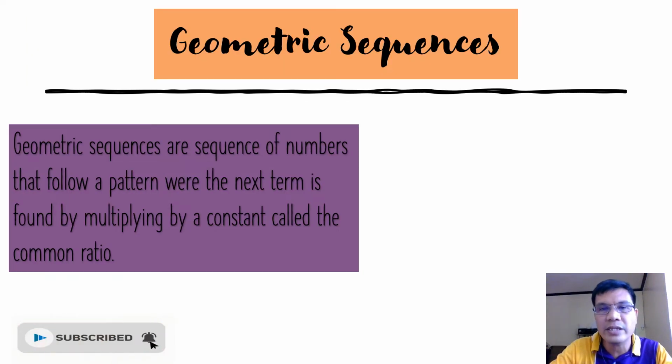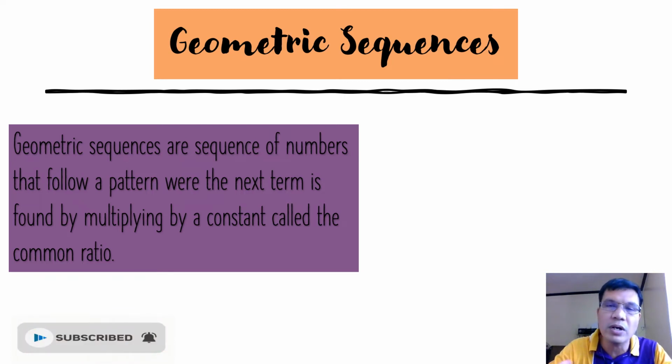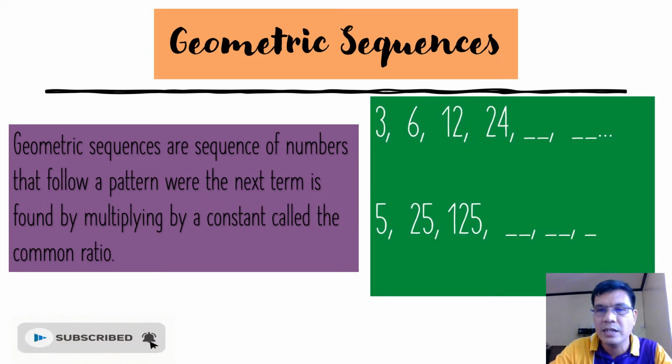How about geometric sequences? Geometric sequences are sequences of numbers that follow a pattern where the next term is found by multiplying by a constant called the common ratio. So kung kanina ay common difference, today is common ratio. Just like this one, yung 3, 6, 12, 24.